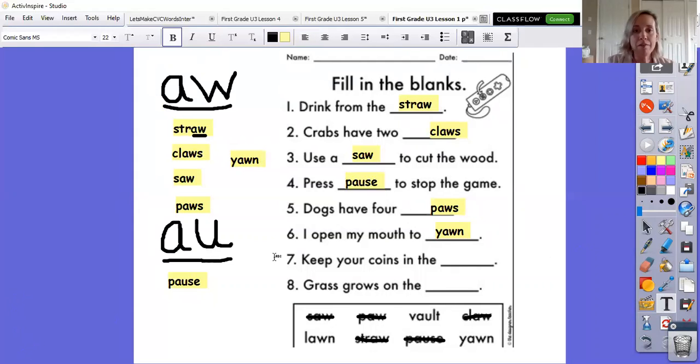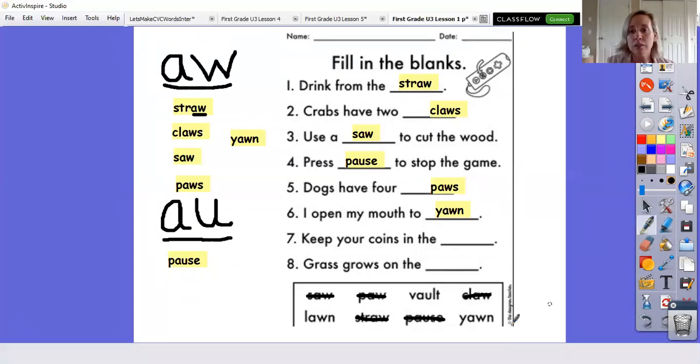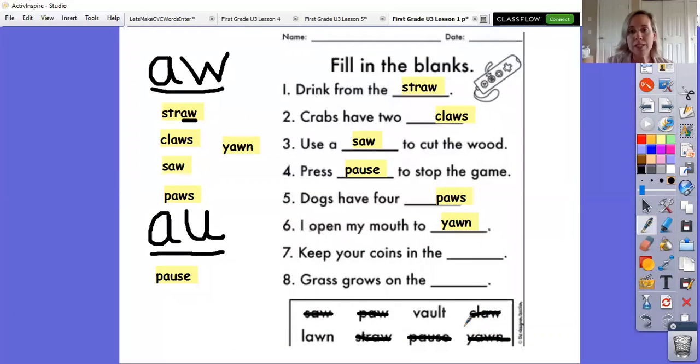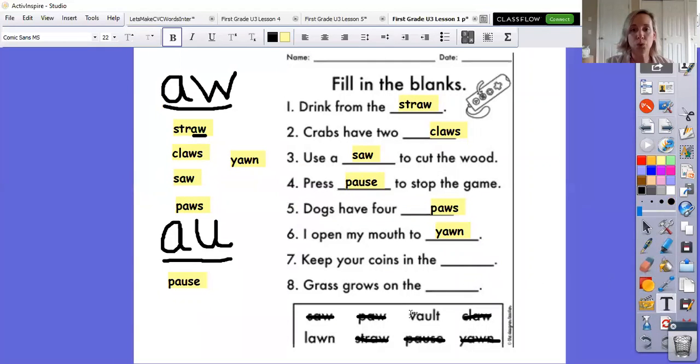All right, number 7. Keep your coins in the... All right, we've got 2 words left. Vault or lawn. Would you keep your coins in a vault, which is like a safe to keep them safe? Or would you throw them in a lawn? I would put them in a vault to keep them safe. All right, so vault. Ooh, that's spelled with an A-U.